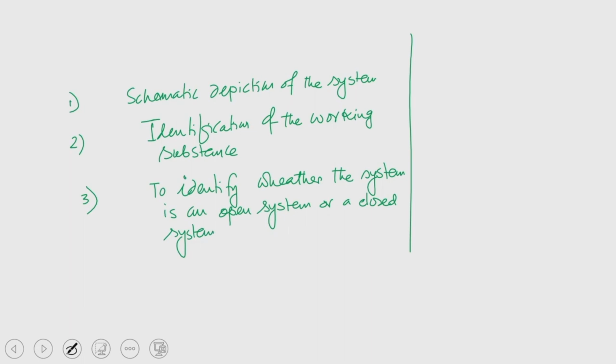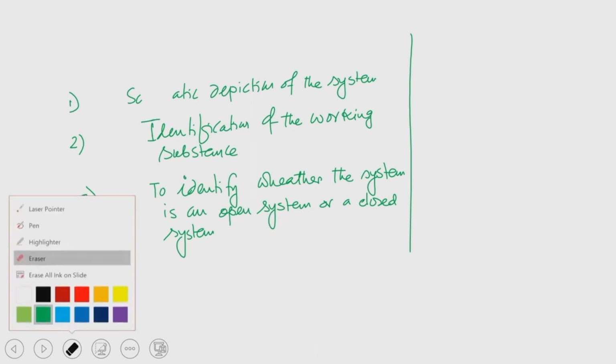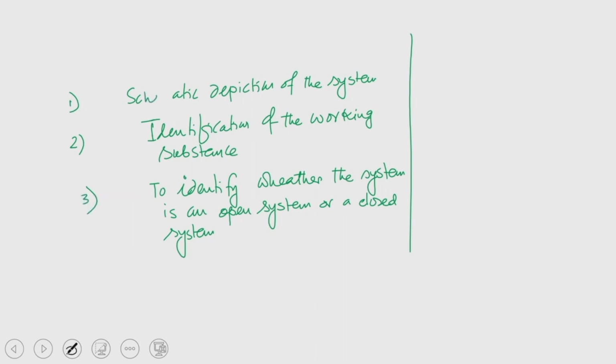Right. So, these are the things. Okay. Number 4, which is again important. So, already these 3 steps someone should remember to calculate the efficiency.